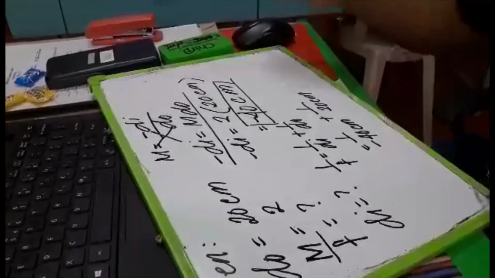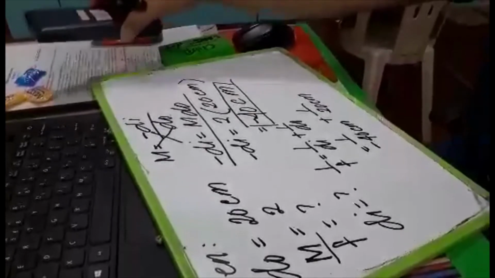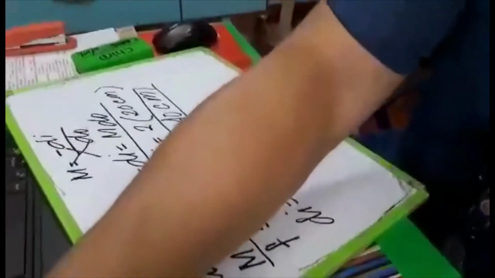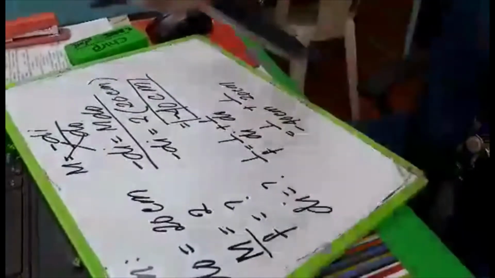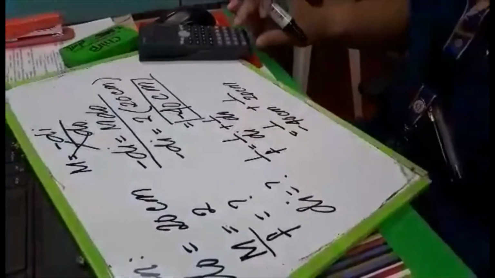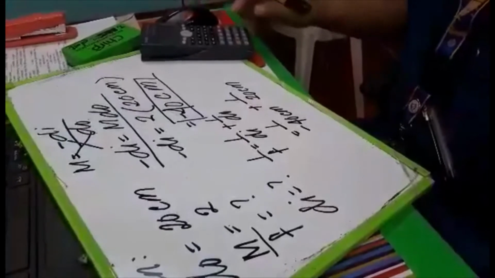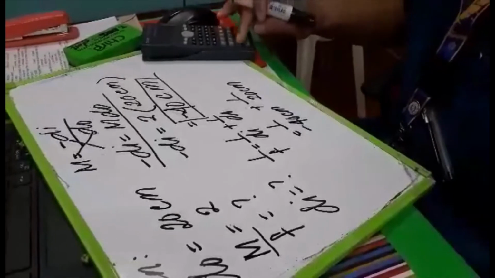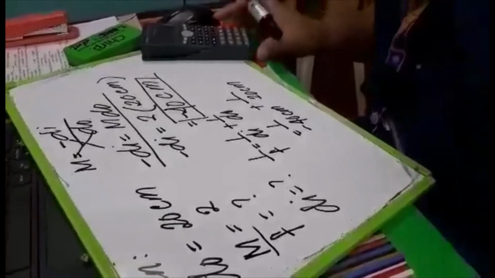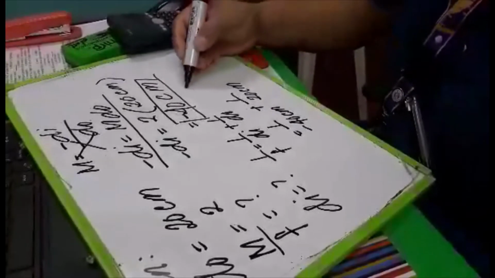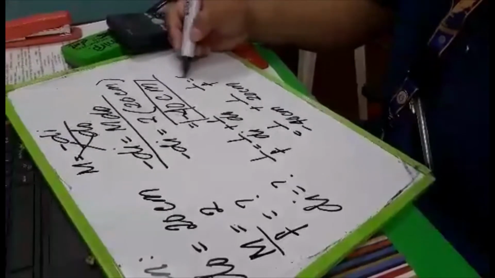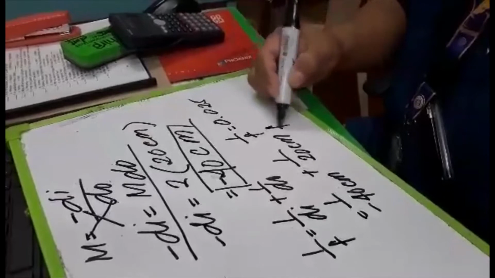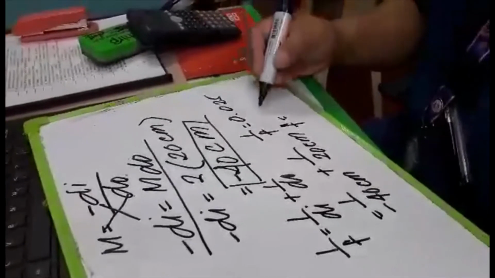So if we're going to solve this directly, gamitan natin ng calculator. So we have here 1 over negative 40 plus 1 over 20. So meron tayong 1/F is equal to 0.025. So to get the focal length, we have to divide with 1 over.